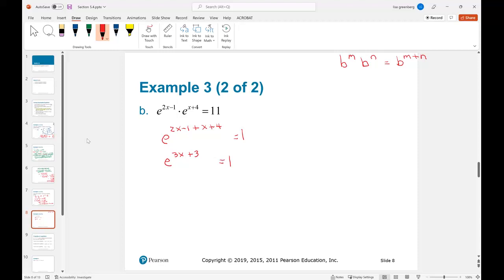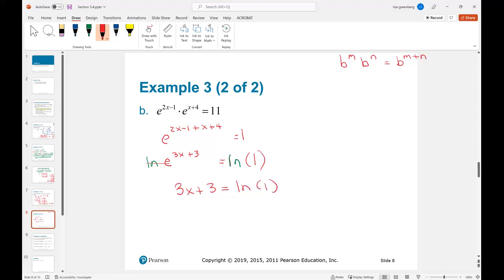But now what am I going to do? Now I want to take the natural log of both sides, right? I'll just write over that. I want to take the natural log of both sides, because either I can use the cancellation property or I can use the power rule, and I get 3x plus 3 equals the natural log of 1.